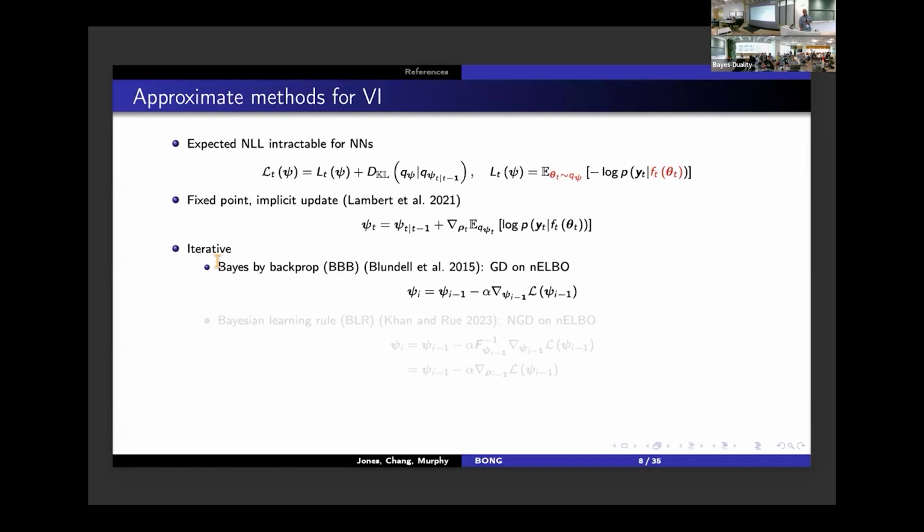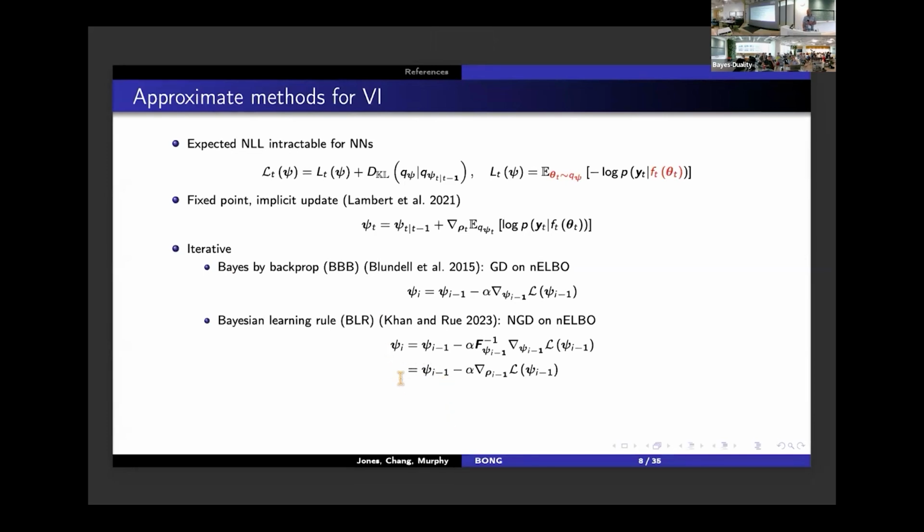And then one way to cast BLR is that you're just doing natural gradient descent on the very same loss instead of gradient descent. And you get this update here, which is basically the same thing that we just saw with MT's talk, just with different notation.